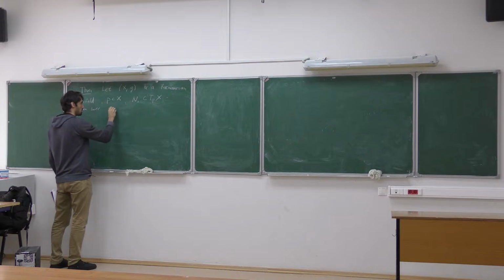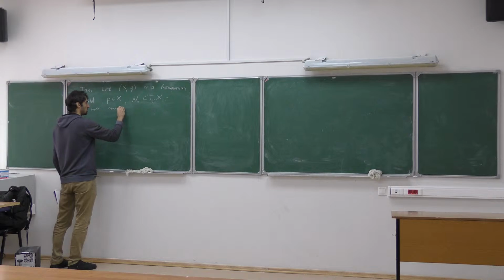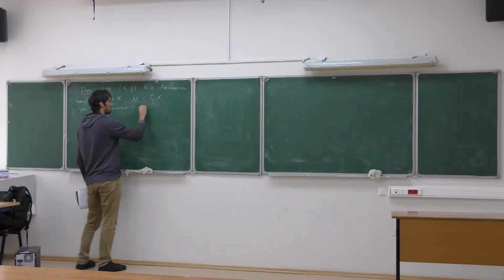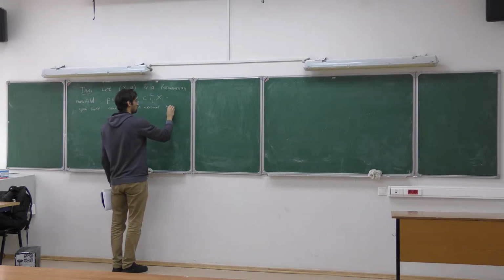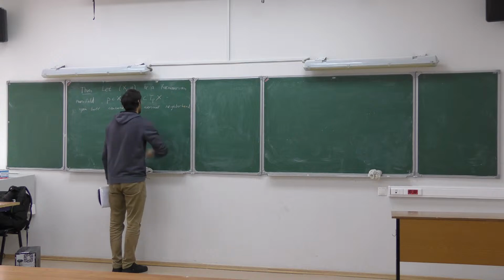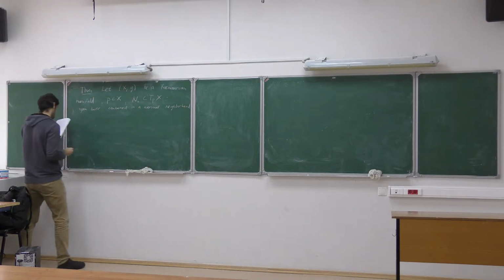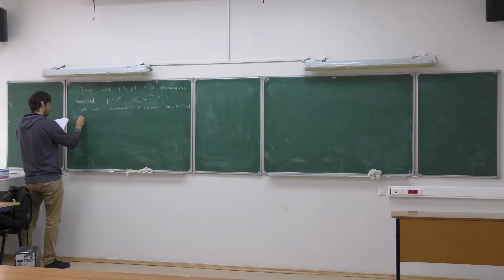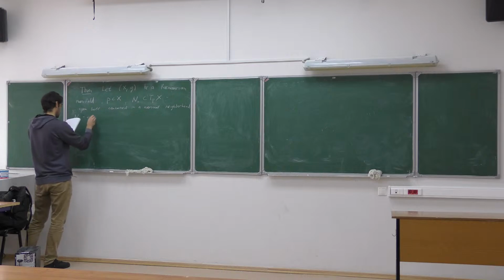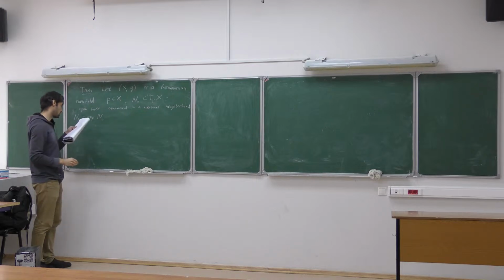I can write it as contained in a normal neighborhood, and I would also like to denote N_P to be the image of the exponential of N_0.